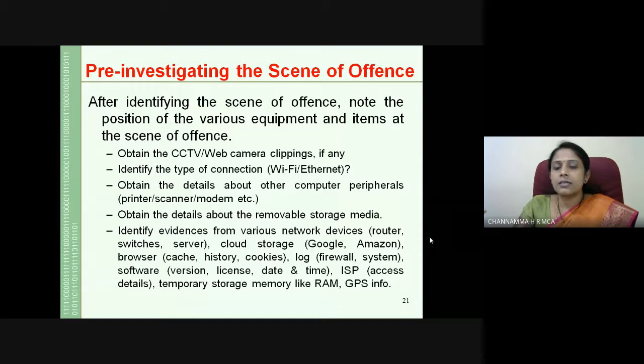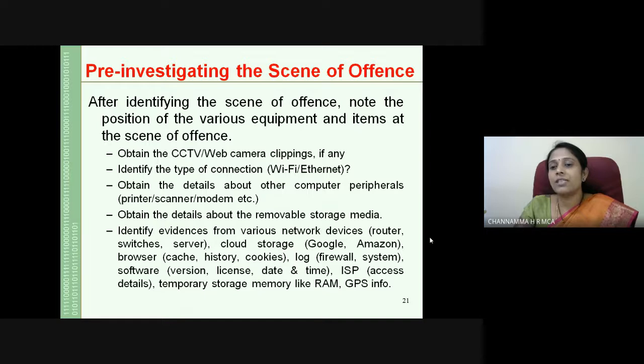While examining, it is very important to search for digital evidence from various network devices like routers, switches, servers, and in storage space like Google Drive or Amazon. Even browsers will have browsing history, cookies, and cache memory.